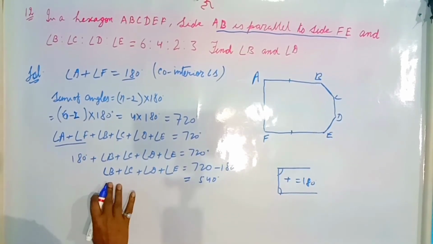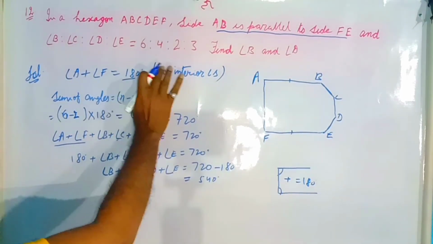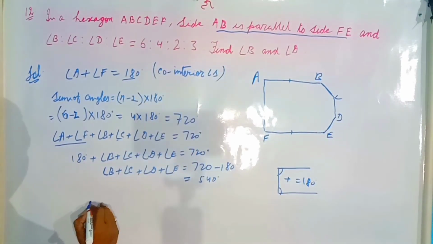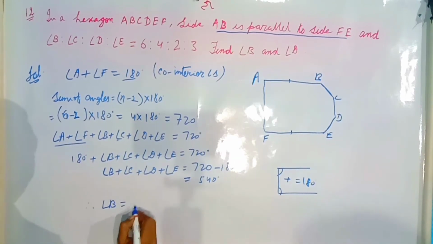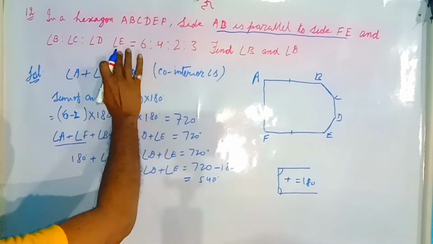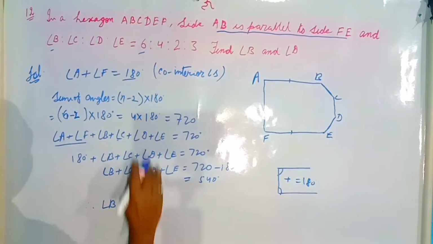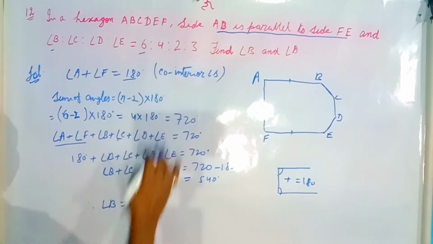Now we have been given the ratio for B, C, D and E as 6 is to 4 is to 2 is to 3, and we have to find B. Therefore angle B equals B's ratio, which is 6, over the sum of the ratio, 6 plus 4 plus 2 plus 3, that means 15.